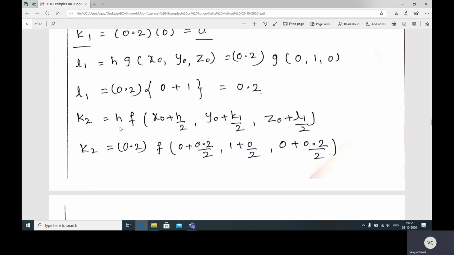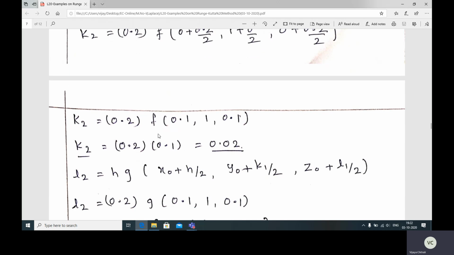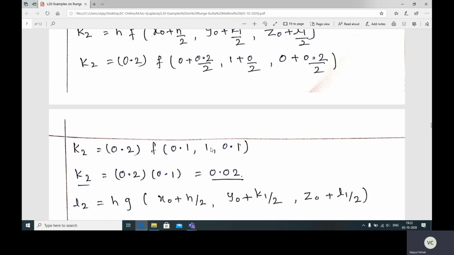So x0 plus h by 2 is 0 plus 0.2 divided by 2, y0 plus k1 by 2 is 1 plus 0 by 2, z0 plus L1 by 2 is 0 plus 0.2 divided by 2. So K2 is 0.2 into f of 0.1, 1, 0.1. Since f of x, y, z is z, in place of z we have 0.1. So 0.2 into 0.1 is 0.02.